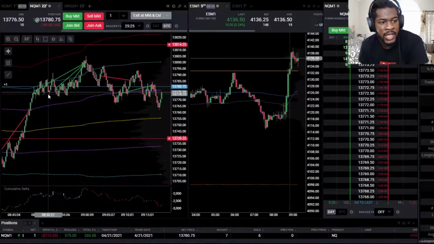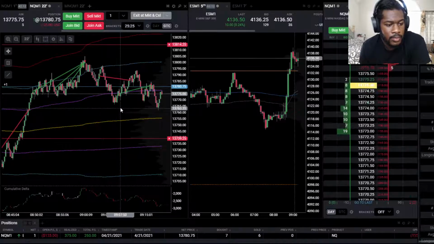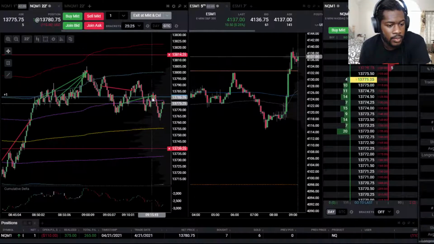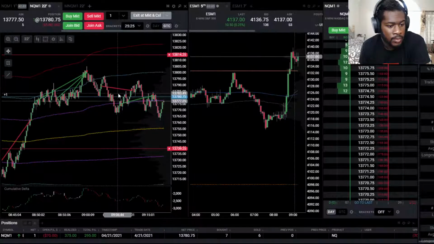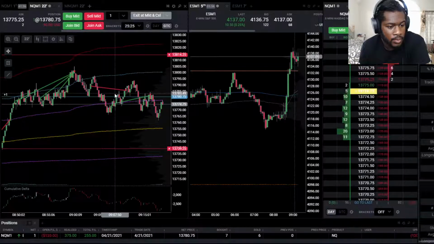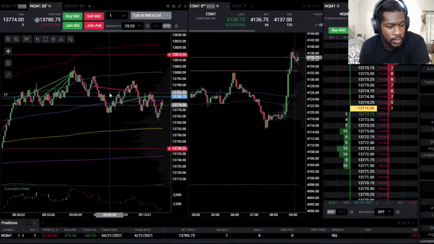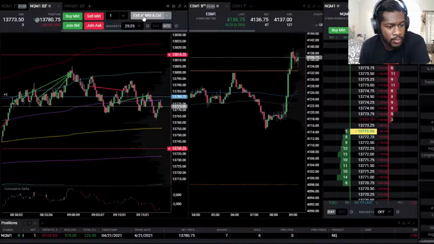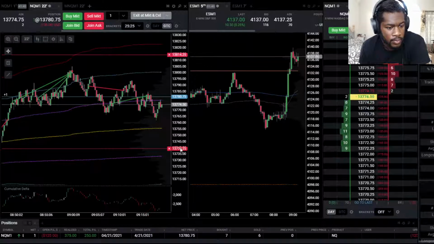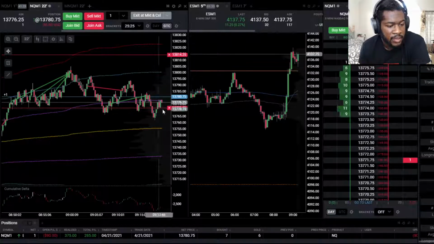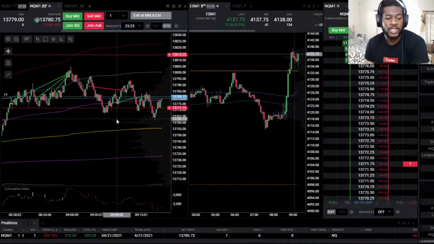Approaching the 50-minute mark on the day. If that breaks under there and makes a new low, then I'm just going to flip short on the day.